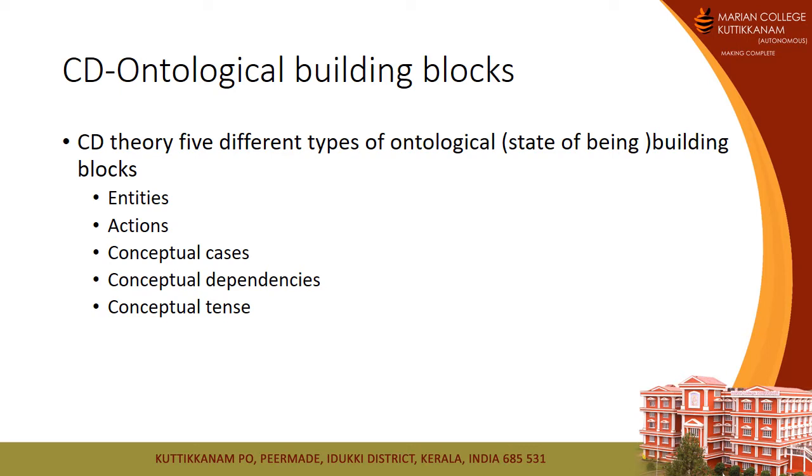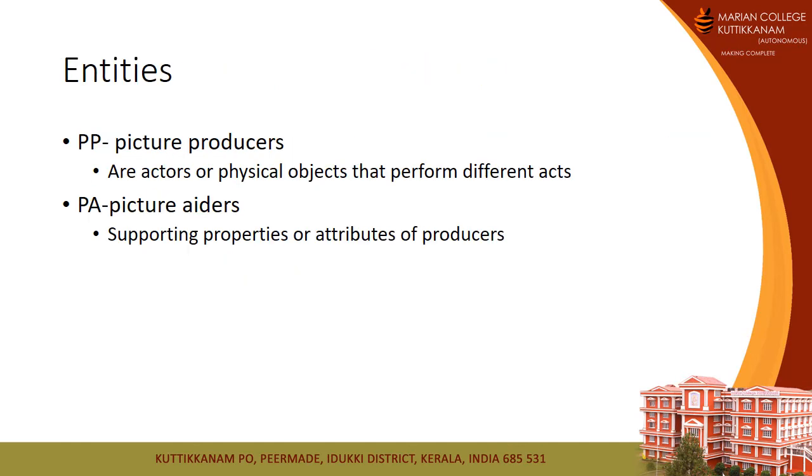The conceptual dependency theory has five different types of ontology, which means state of being or the building blocks. They are entities, actions, conceptual cases, conceptual dependencies, and conceptual tense. Entities: there are two types of entities in conceptual dependency. One is PP and the second one is PA.